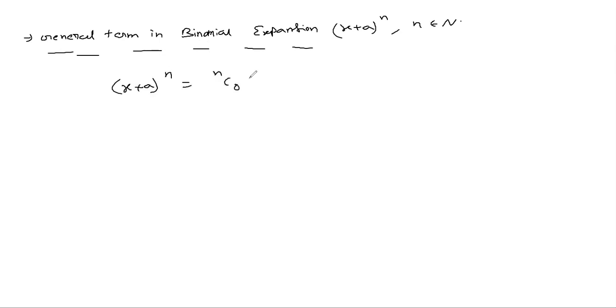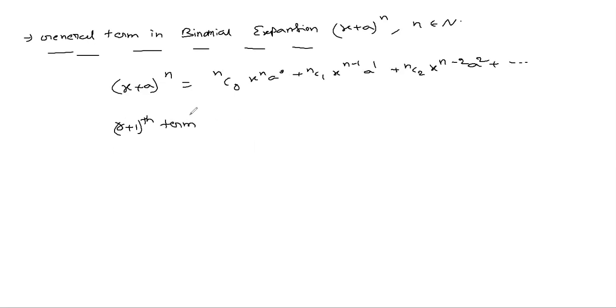It is nC0 x^n a^0 + nC1 x^(n-1) a^1 + nC2 x^(n-2) a^2 + and so on. Here you can see the first term nC0 x^n, the second term nC1 x^(n-1) a^1. In that manner, what will be the (r + 1)th term?